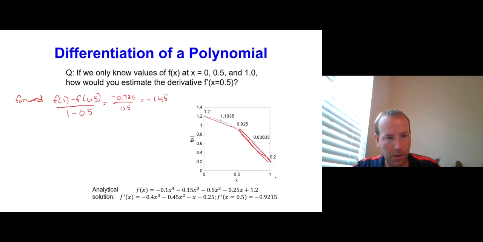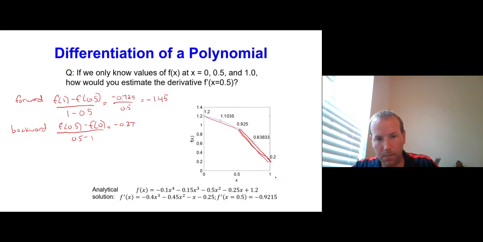That would be what we call a backward approximation, where we're taking f of 0.5 minus f at 0, over 0.5 minus 0. And from that, we get an estimated slope of negative 0.55.